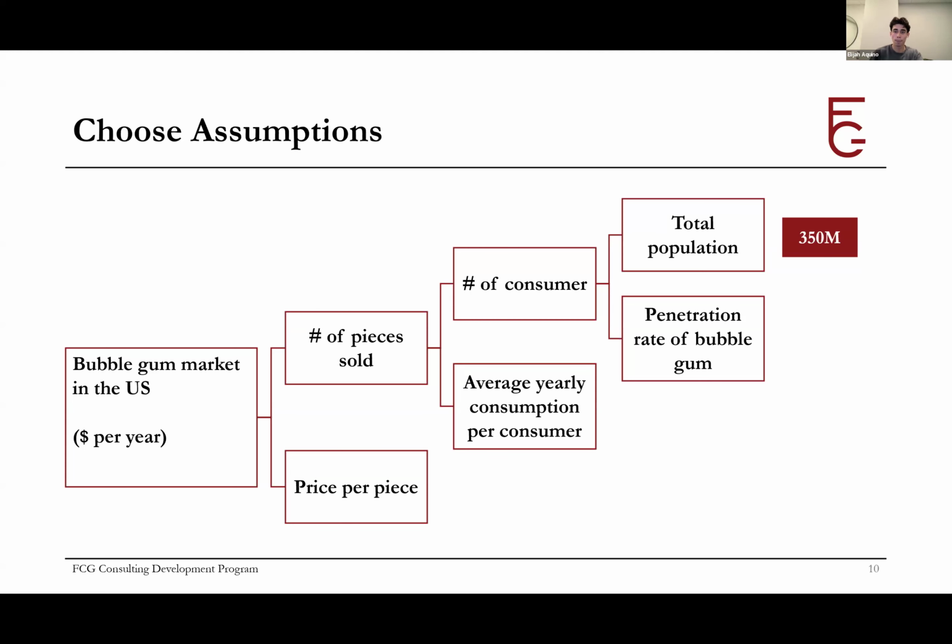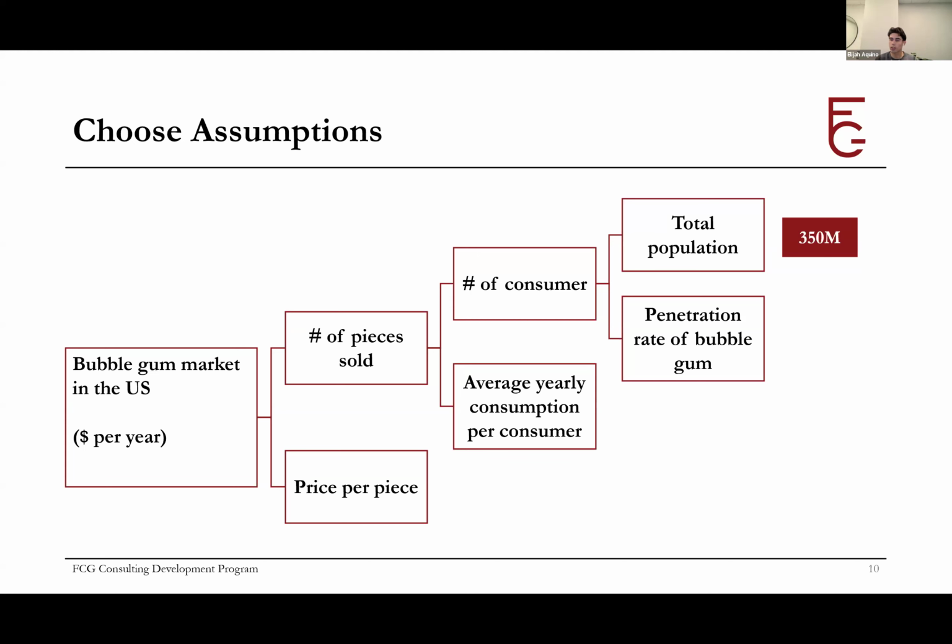So for the penetration rate, total population is kind of a given. People know the US population. It's somewhere between 320 million and 350 million. But for the penetration rate of gum, how many people out of 10 actually buy gum?